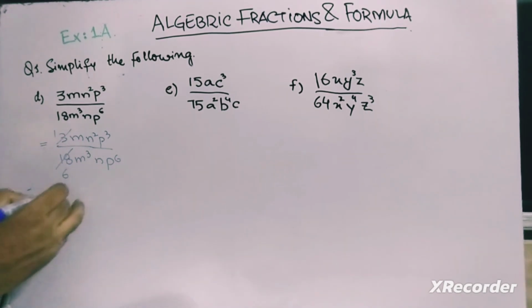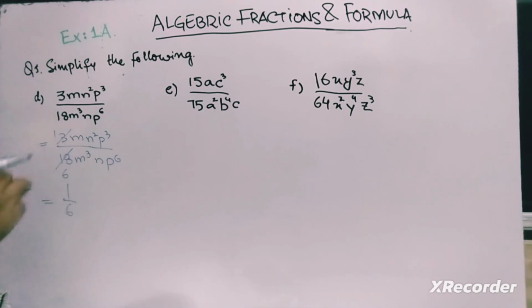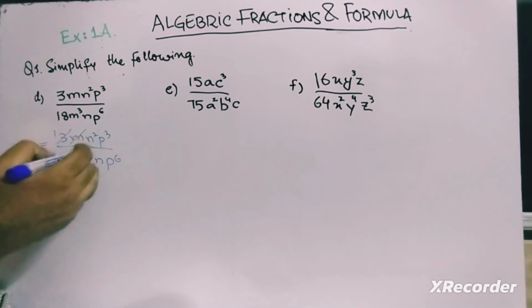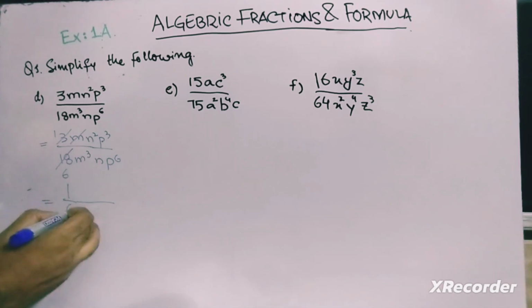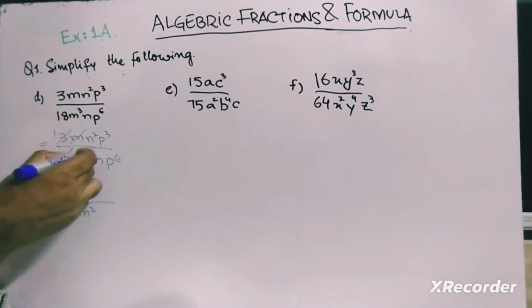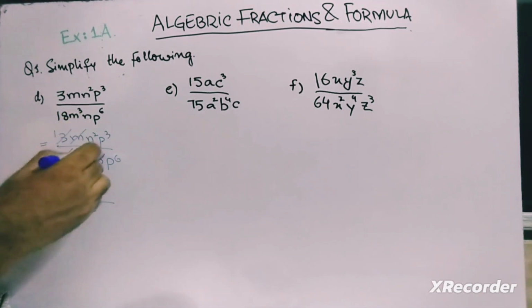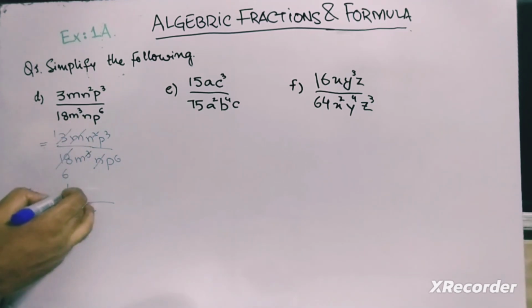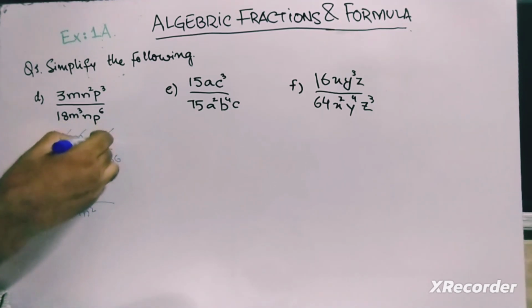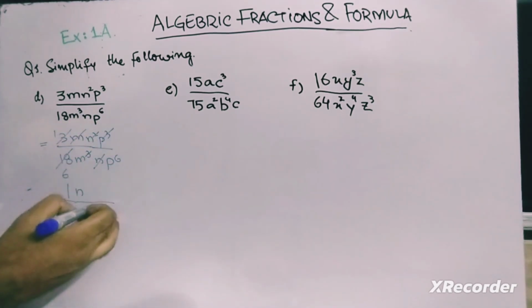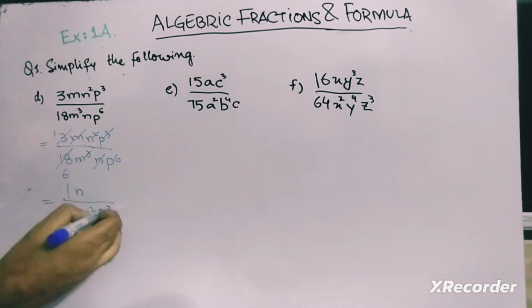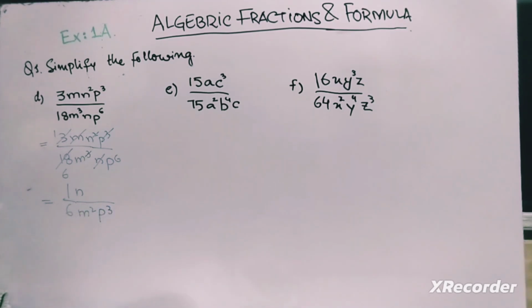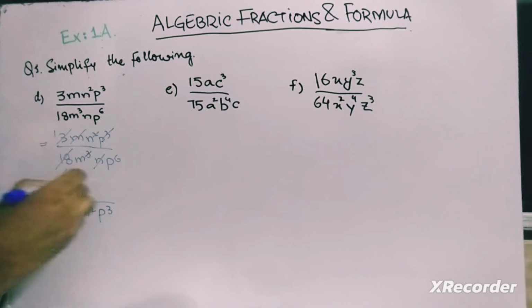So what do we get? 1 upon 6 from this side. Now cut m with m^3 and it will give us only m^2. Now for n^2 we get n. For p, 6 minus 3 is 3, so p^3. 1n upon 6m^2p^3. This is our required answer.